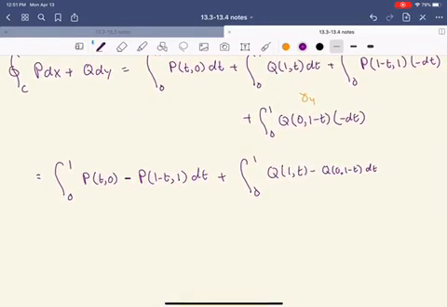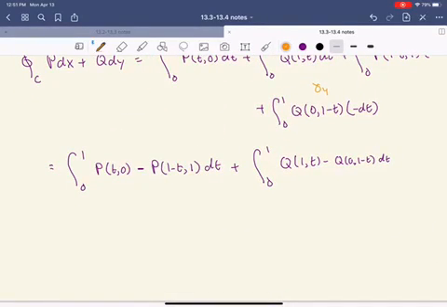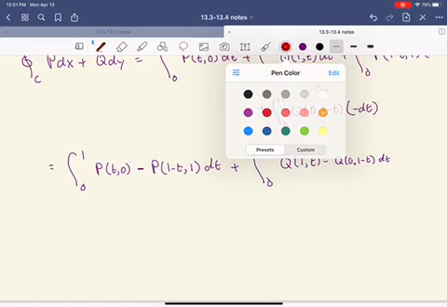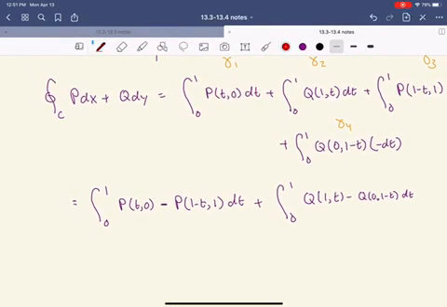Let me write it out up here. So let's do negative integral from 0 to 1 of p of 1 minus t dt. If we do a substitution here of u equals 1 minus t, watch what happens.